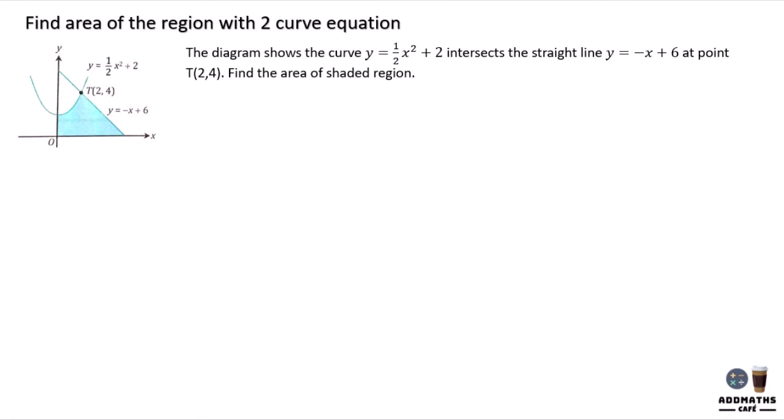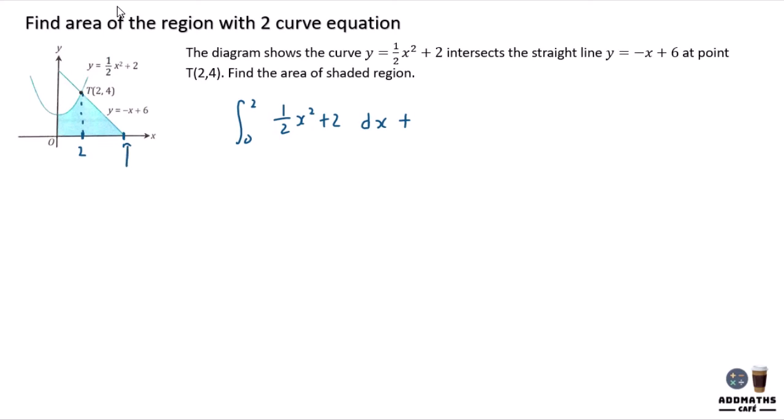This is also another question where you need to find the area of the region with two curve equations. So let's separate this into two parts. First, we are required to find the area under the curve 1 over 2 x squared plus 2 from 0 to 2, and the other part is this.